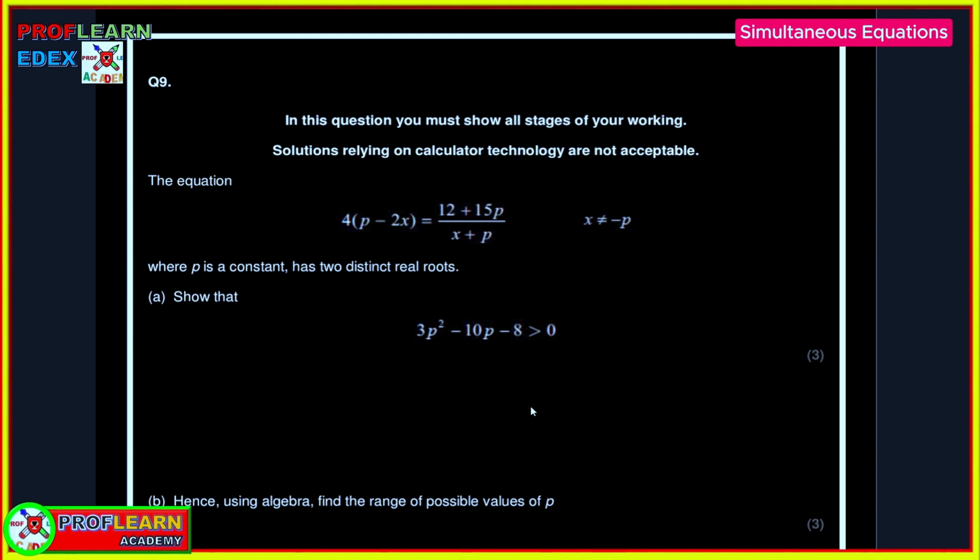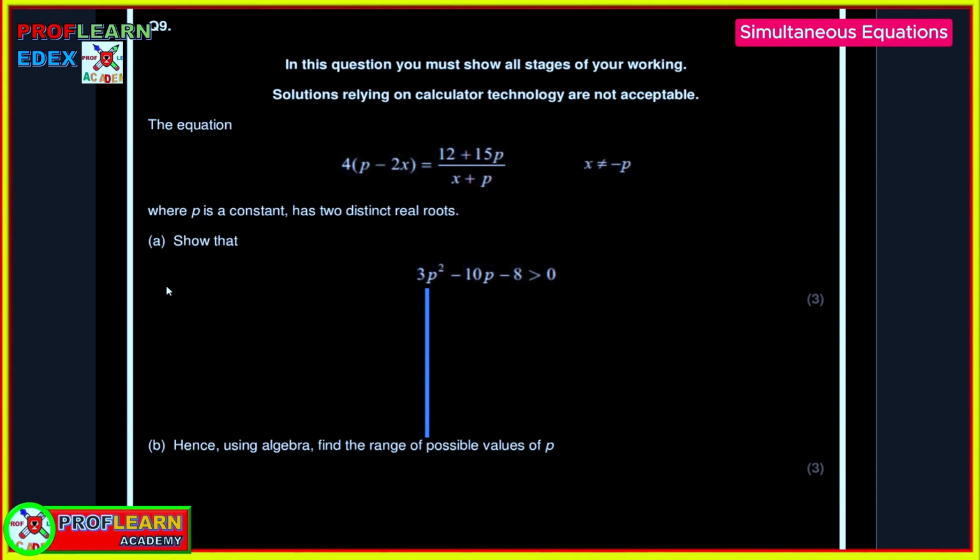Now, in order to arrive at that, we are going to multiply both sides by x plus p so that we can get rid of the fraction. We shall multiply by x plus p here so that we can cancel out, and then expand whatever we have on the left hand side.